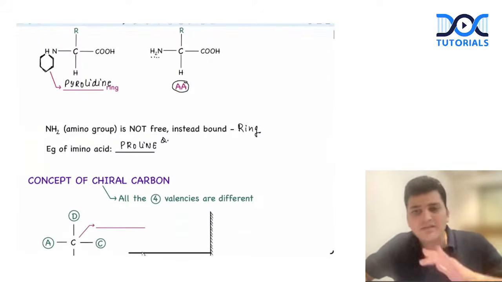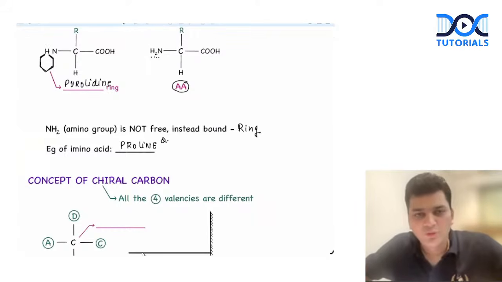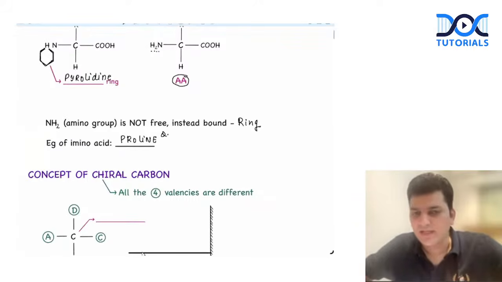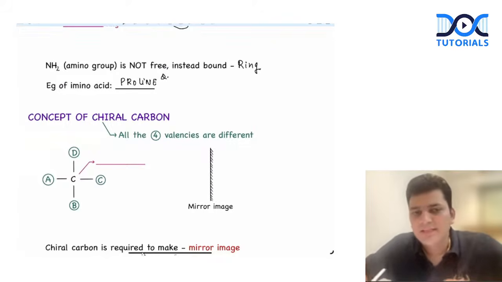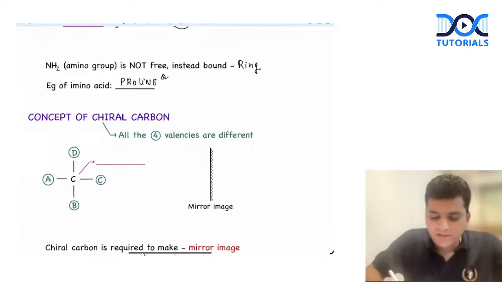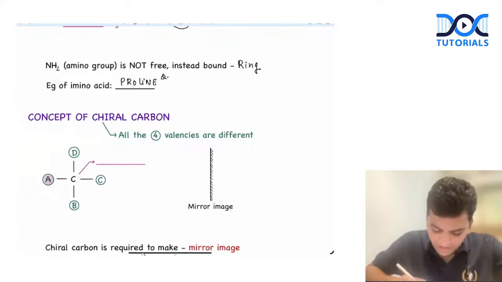Coming to the last basic concept before we really go into the classification part, we are just making some basic terminologies clear. The next is the concept of chiral carbon. What is the meaning of chiral carbon? See, carbon has 4 valencies. If all the 4 valencies are different, here you can see the A group, here is B, here is C, here is D. All the 4 valencies are different.